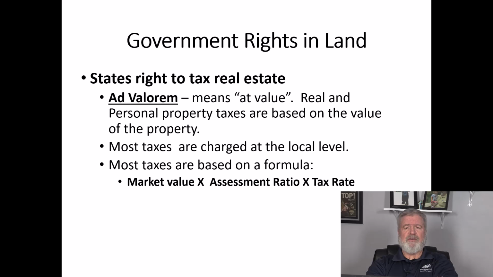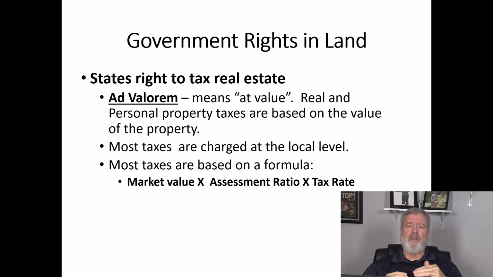Well, how do these taxes work? How does the government decide how much to tax? Well, there's a term you see here called ad valorem. That's an important term. It just means at value. So obviously the government does have the right to tax property, but they can only tax it based on the value of the property.